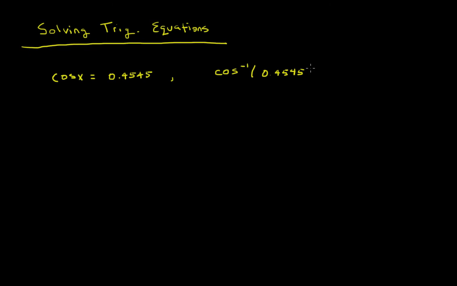Since we're going to work in radian mode, we'll grab our calculator, put it in radian mode, and we round. I tend to round to 4 decimal places, and rounding to 4 decimal places is 1.0990.